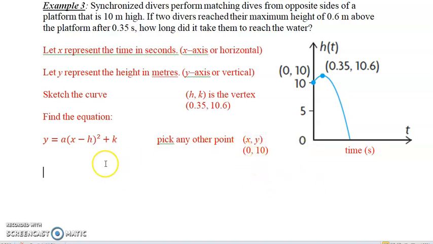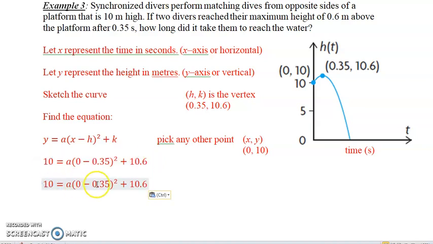Now we're going to substitute all those values into our equation to find our a value, like we did when we did vertex form. So the y value is 10. The a value is what we're looking for. x is 0, h is 0.35, and k is 10.6. So 0 subtract 0.35 would be this.